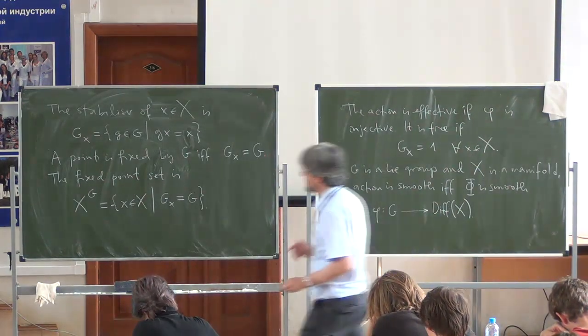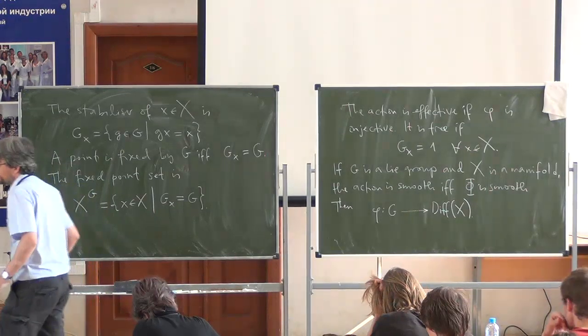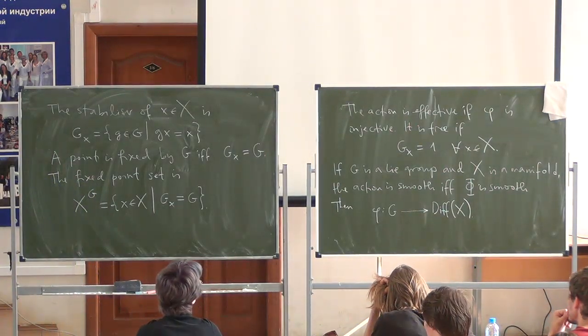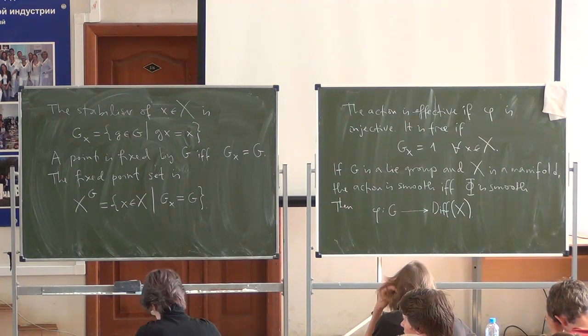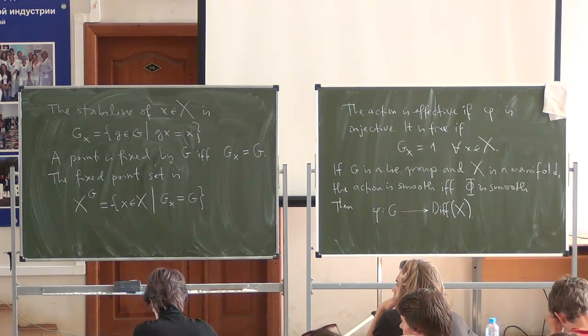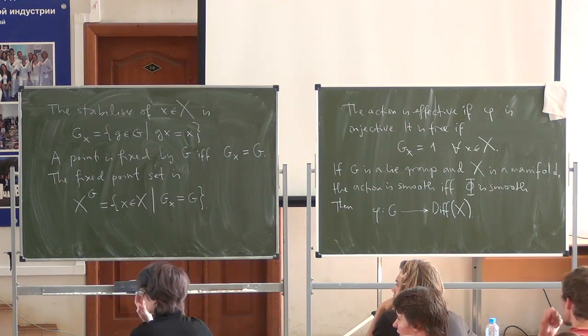Okay, so these are the basic definitions, and what are the basic problems in the area of finite transformation groups? I didn't specify: I will be interested in the case in which G is a finite group.